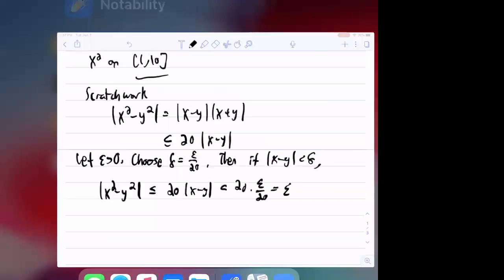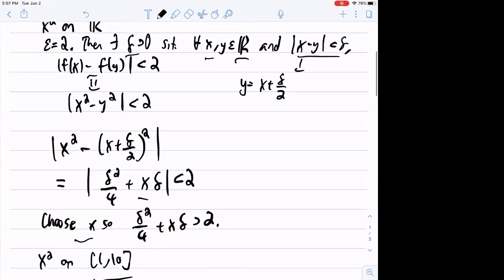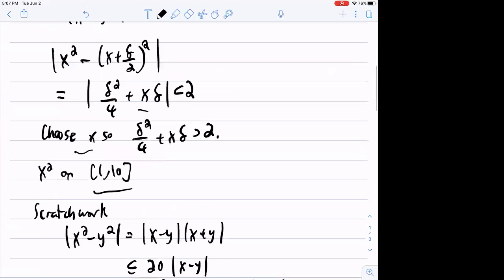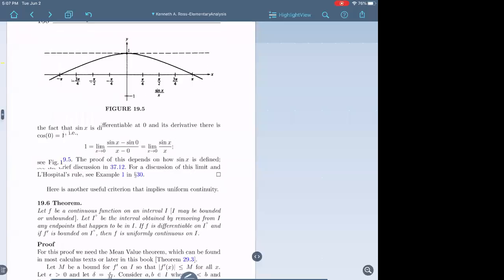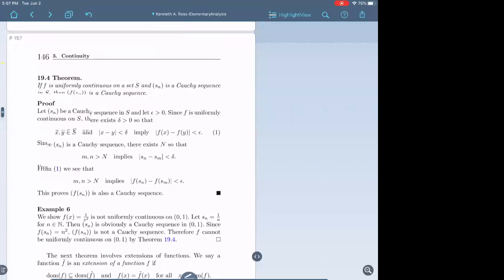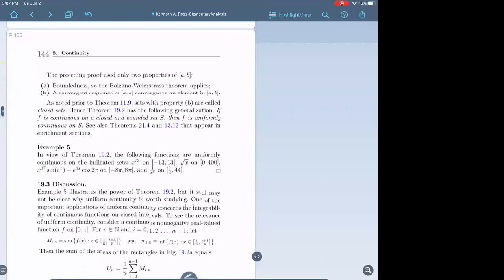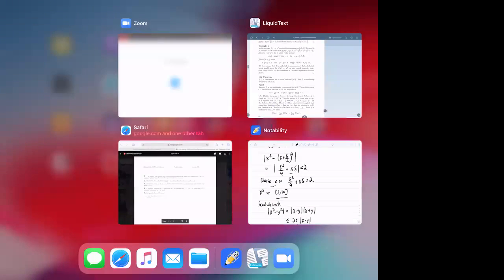Okay. So you see here, what's the difference? This is x squared on R and x squared on 1 to 10. I actually didn't copy this down, give me a moment. Yeah, a continuous function on a closed interval is uniformly continuous.